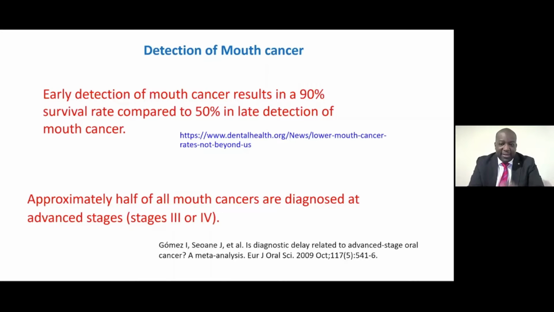Are we doing this? A prime way that we can help our patients is the mouth cancer examination. This is also called a mouth, head and neck cancer screening, or a systematic mouth, head and neck screening examination. They all mean the same thing.